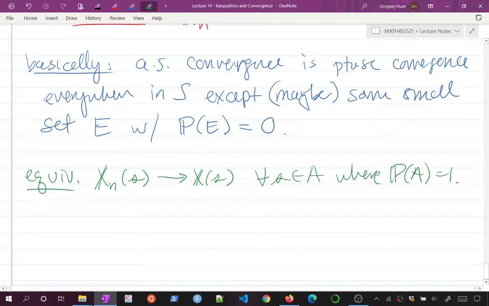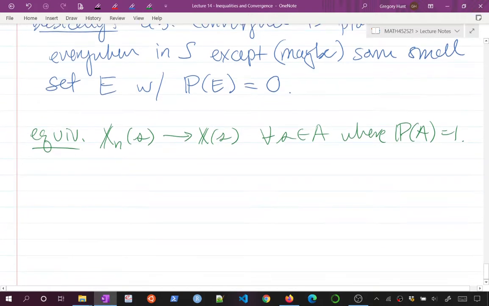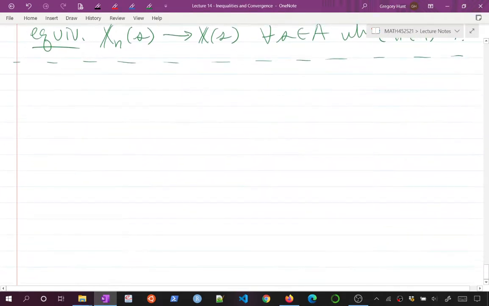That's the real shorthand notation for almost sure convergence. I'll put a pin in this. It's going to seem strange, but we'll see why it's interesting in a minute.